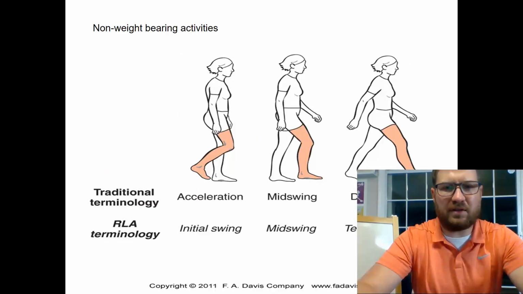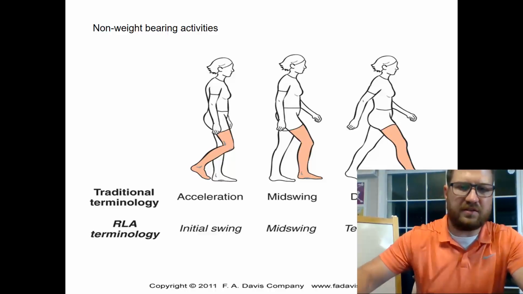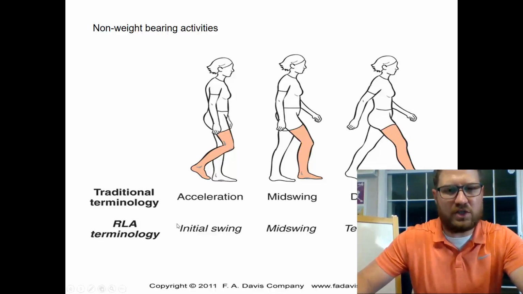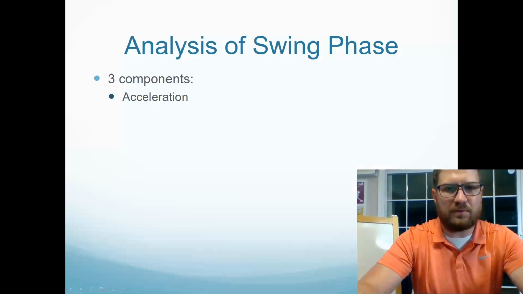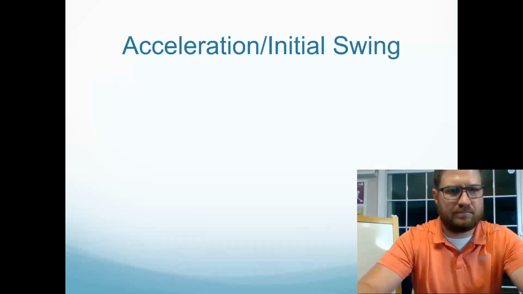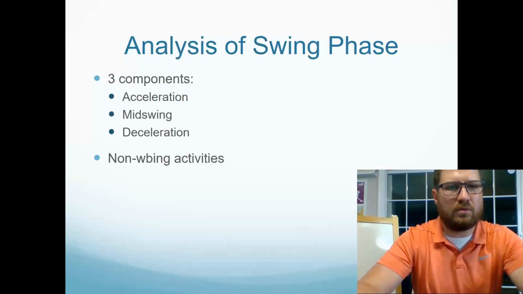So non-weight bearing activities are our swing phase: acceleration, mid-swing, and deceleration in the traditional terms, and initial swing, mid-swing, and terminal swing in Rancho Los Amigos. So that's just talking about what we're doing.